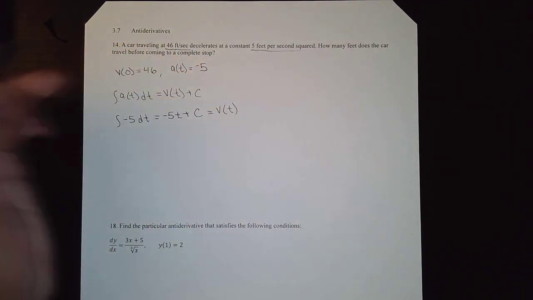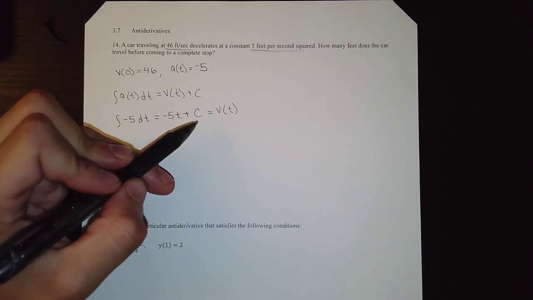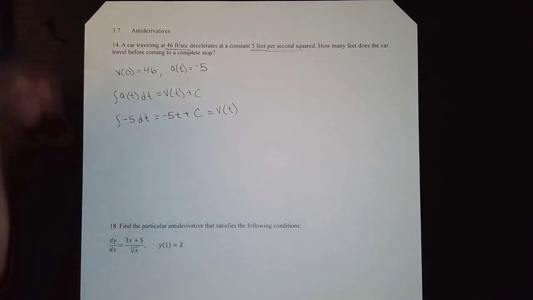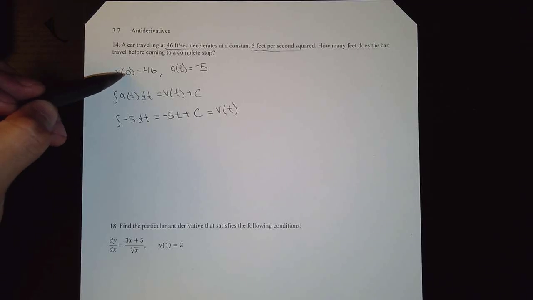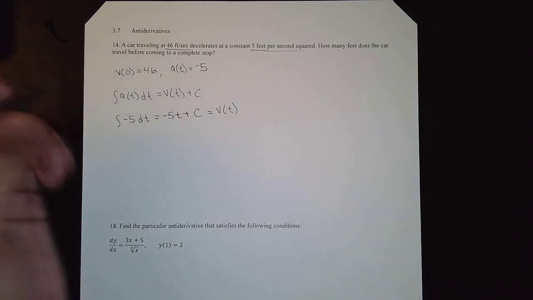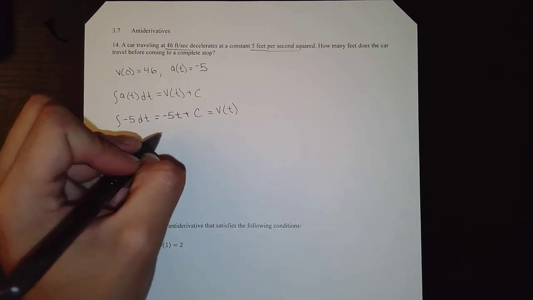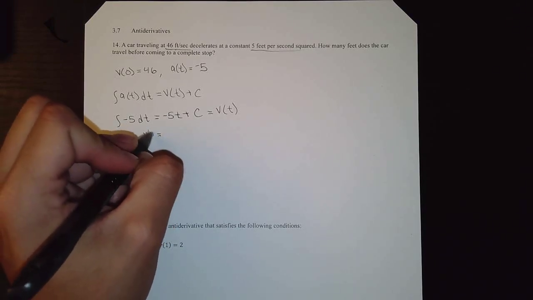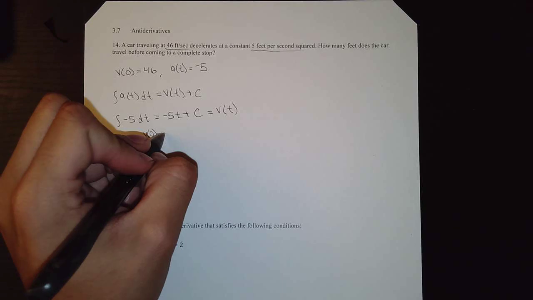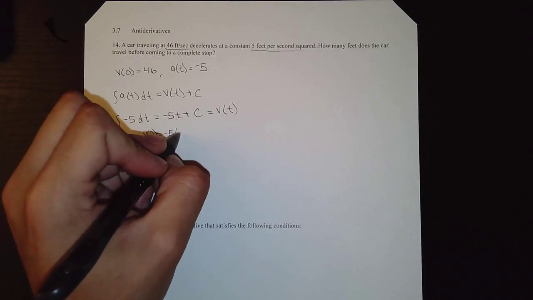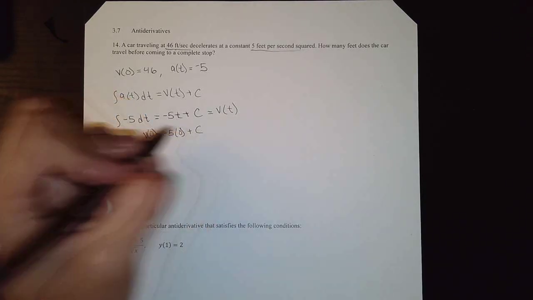Well, now we need to find this c value. But we know when we plug in 0 to the velocity function, we get 46. So what that means is v of 0 is equal to negative 5 times 0 plus c.